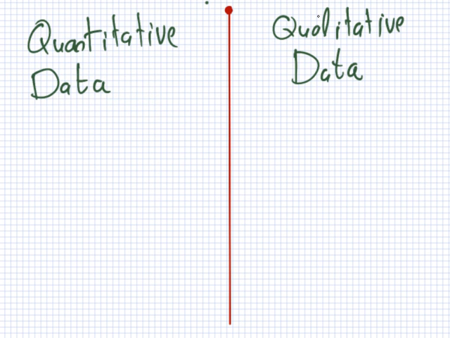They sound nearly the same. The big difference is this is quant and this is qual, so it's really important that you get the T sound or the L sound. You want to make sure it's clear when you're speaking.